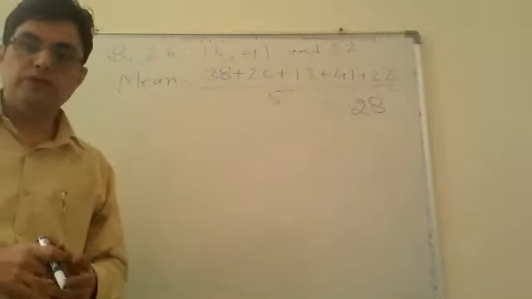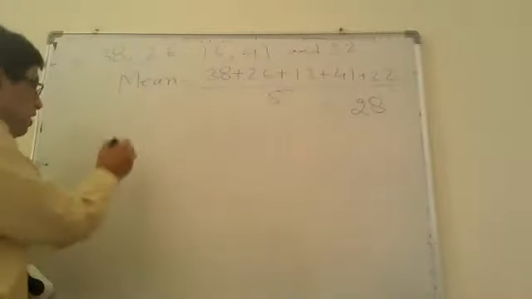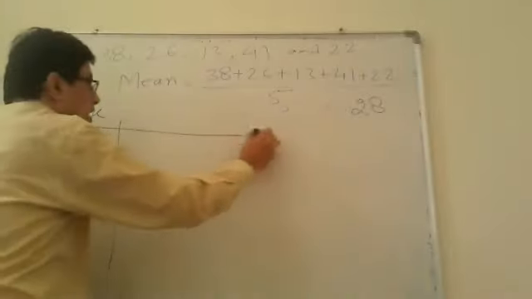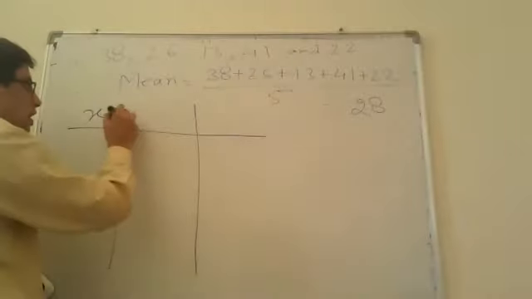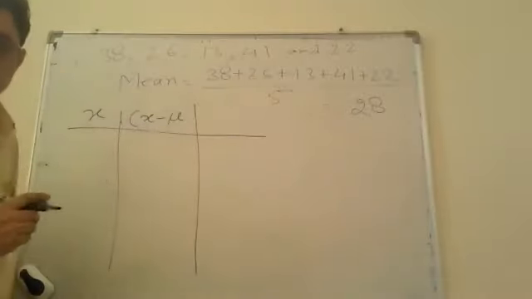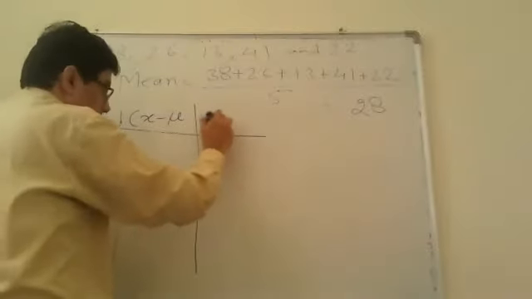In order to find the standard deviation, we need to make a table for x, x minus mu, and the square of the same value.